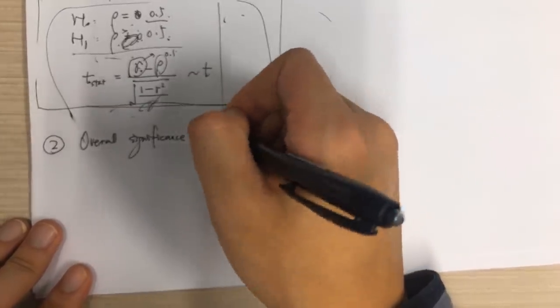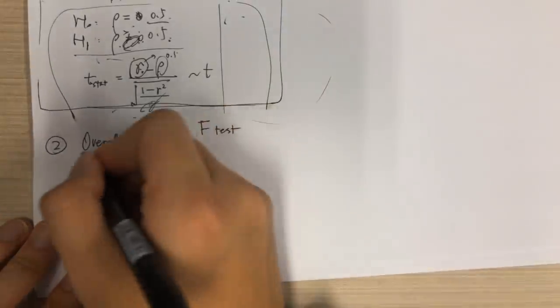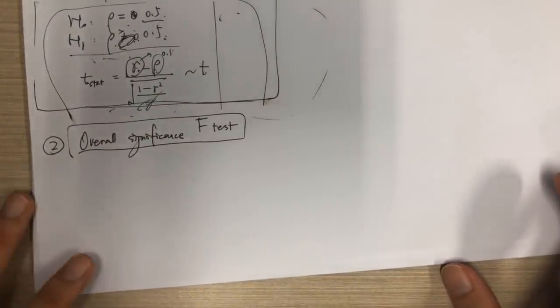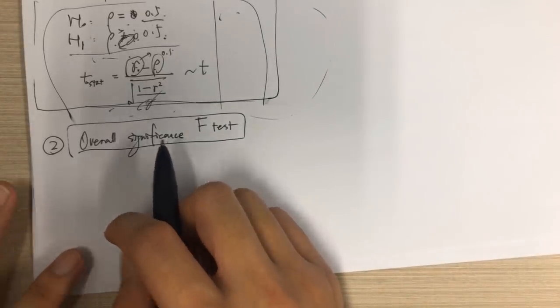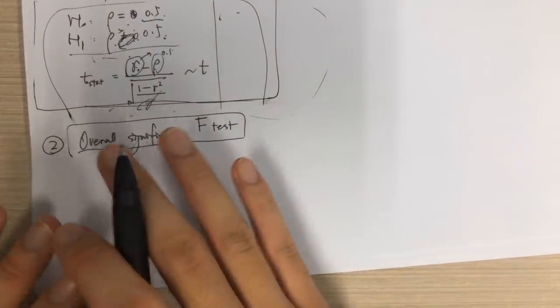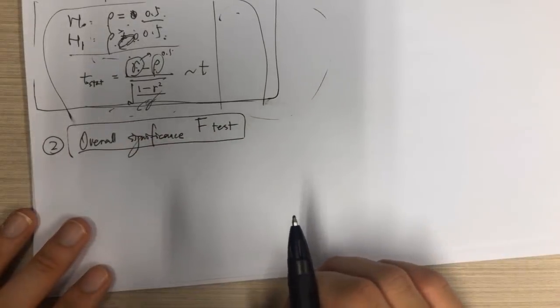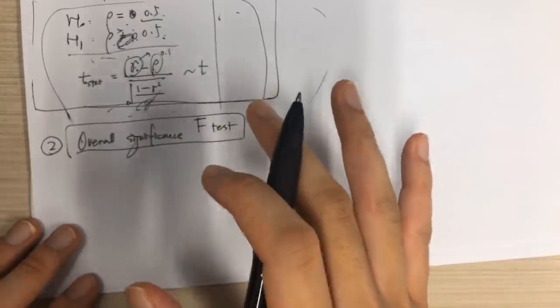Yes, F test, okay? Because the overall significance F test is to test whether there exists some relationship between y and each independent variable, so that the model is overall significant.